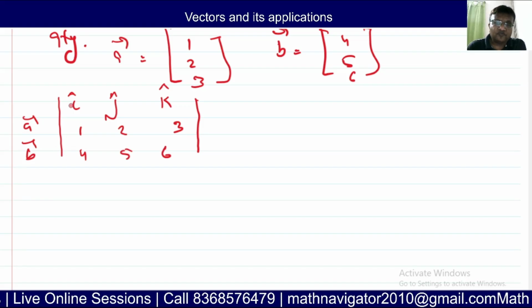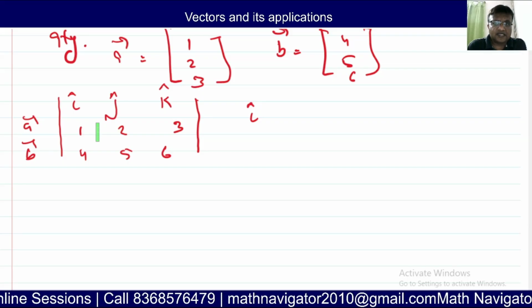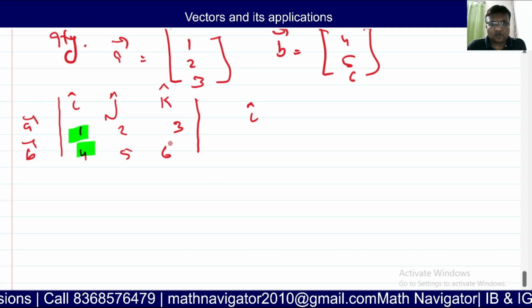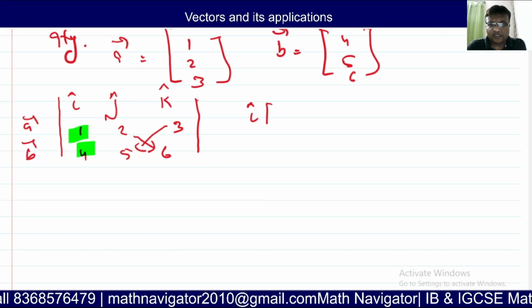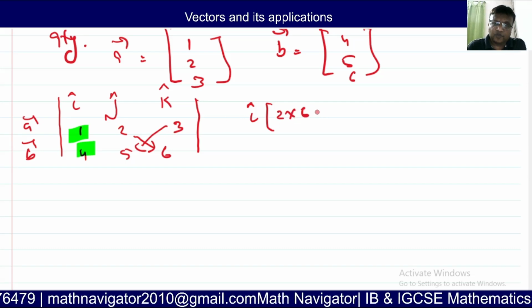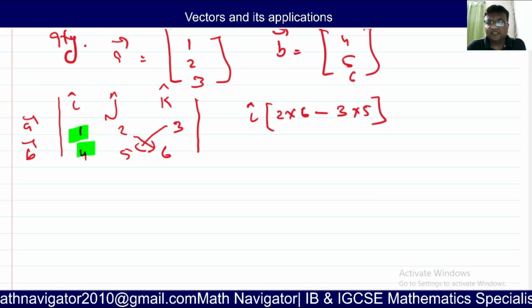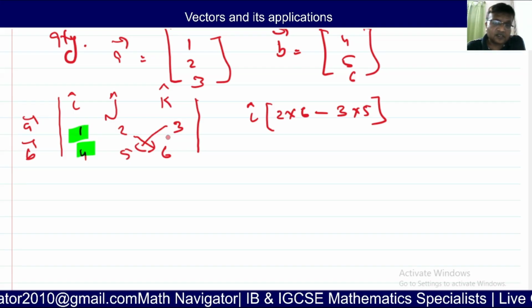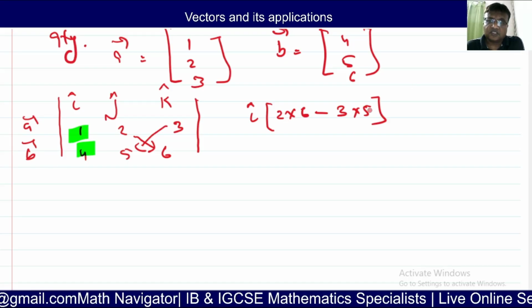So if I want to find I cap, I'll write I cap and then I'll hide this part and then I'll cross multiply. So first I have to do 2 times 6 and then put a negative sign here, then 3 times 5. This is like a determinant, which we do in matrices, but matrices is not in the syllabus of AHL or even ASL, right? So this we have to do.